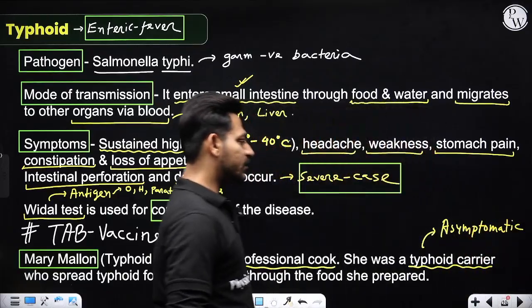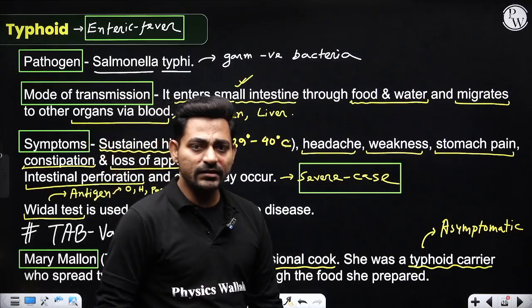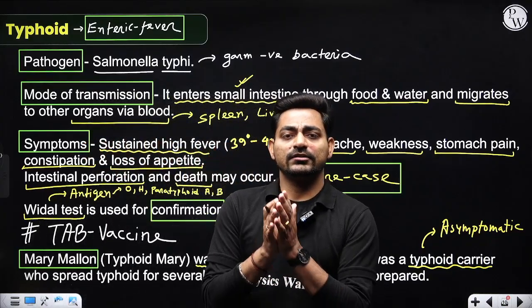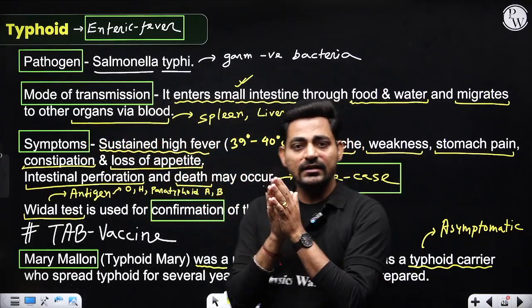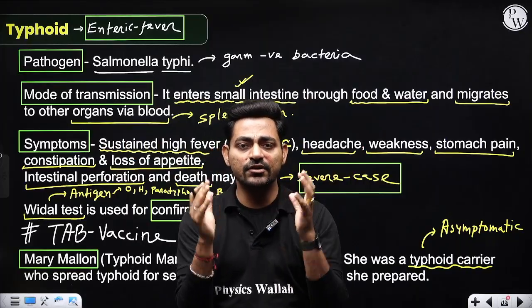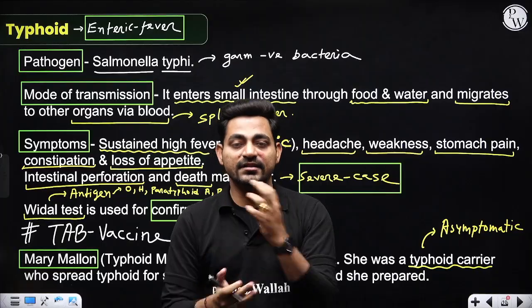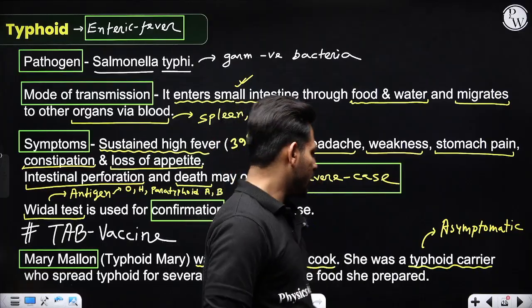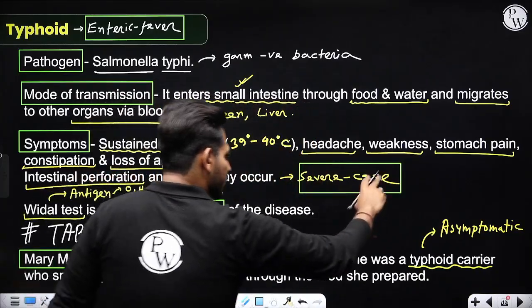The patient remains asymptomatic sometimes because the pathogen is utilizing that particular host as a reservoir. Okay, so she was a typhoid carrier.